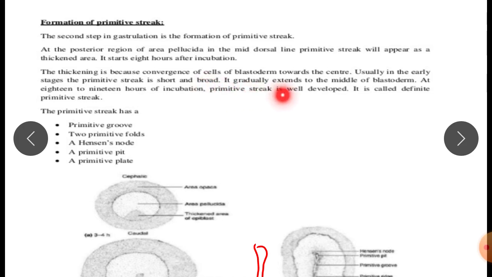It gradually extends to the middle of the blastoderm. At 18 to 19 hours of incubation, the primitive streak is well developed. It is called the definite primitive streak. The primitive streak has a primitive groove, 2 primitive folds, Hansen's node, primitive pit, and primitive plate.